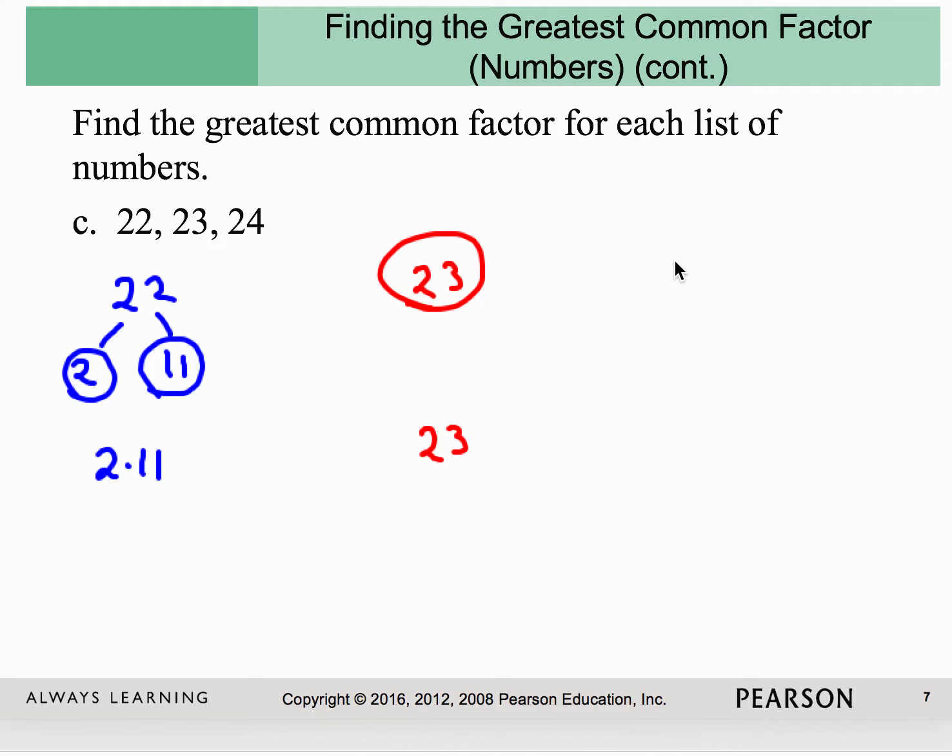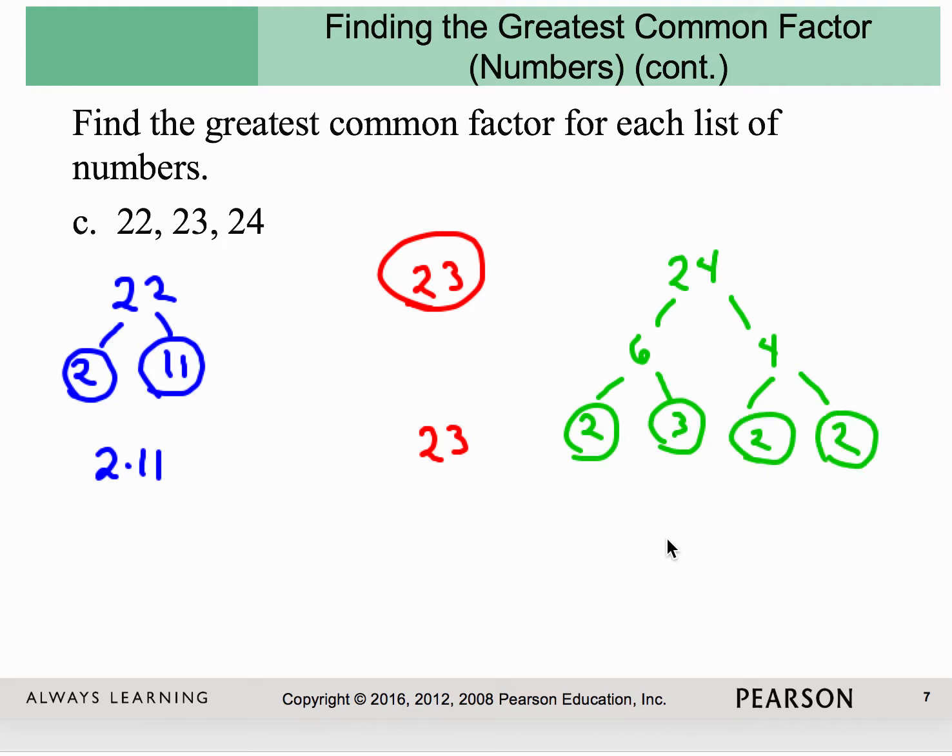And what about 24? Okay, 6 times 4 maybe. 2 times 3. Those are both primes. 2 times 2. So this has 2 cubed times 3.